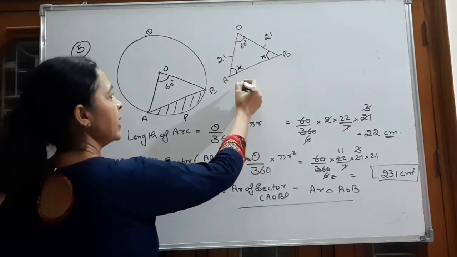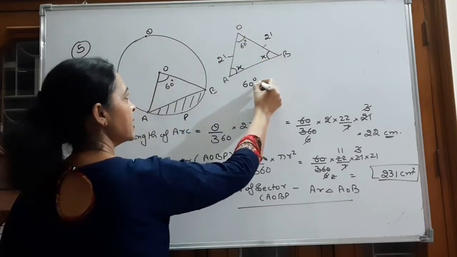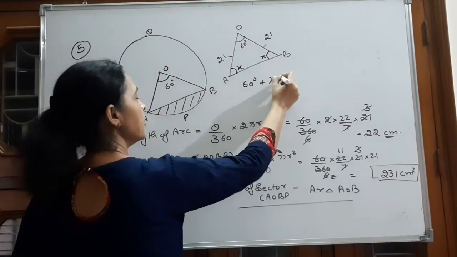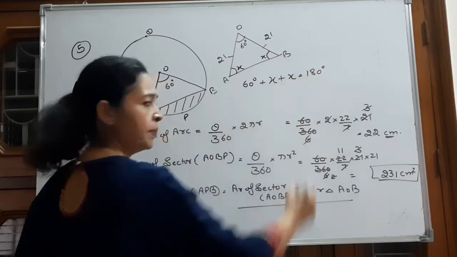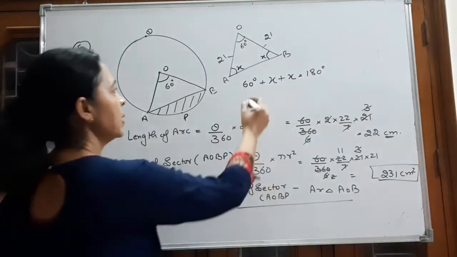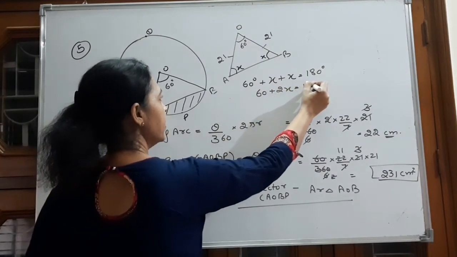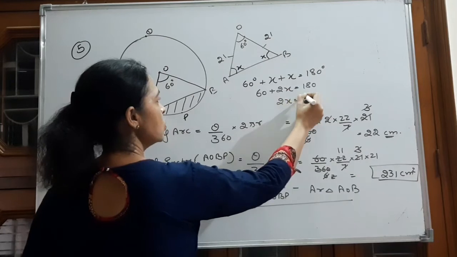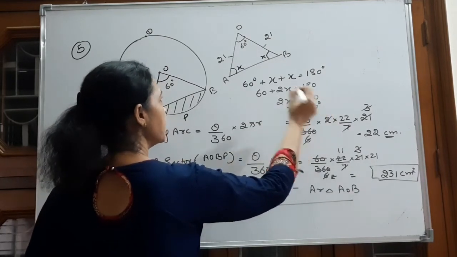Now, in triangle AOB, angle AOB plus angle OAB plus angle OBA should equal 180 degrees. Angle sum property: 60 plus 2x equals 180 degrees. 2x equals 120 and x is 60 degrees.